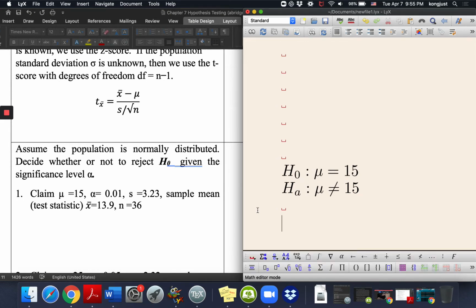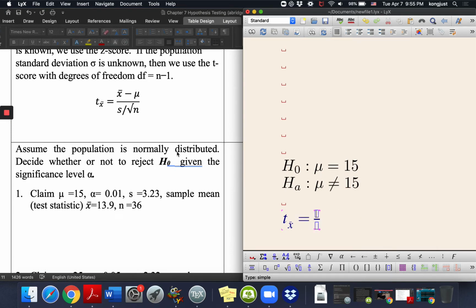I'm going to use that formula I typed in over here. t sub x bar is going to be equal to, plugging in the numbers, 13.9 minus 15. So my sample turned out to be lower, kind of significantly, but let's see if that's far enough away that we can reject or not.